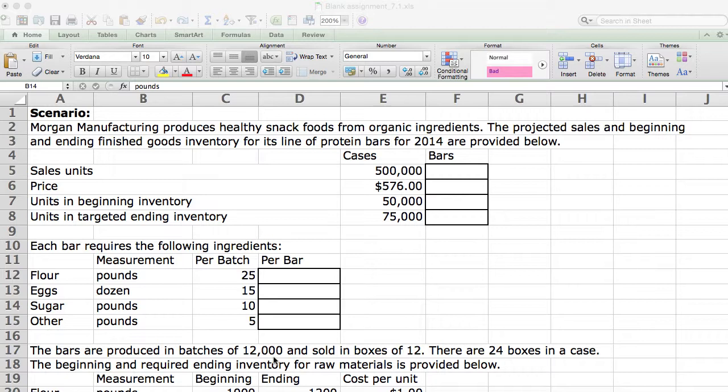So in order to determine how much of the 25 pounds of flour would go into each bar, you would divide the 25 by 12,000. And you would follow that process through each of the cells in rows 12, 13, 14, and 15.